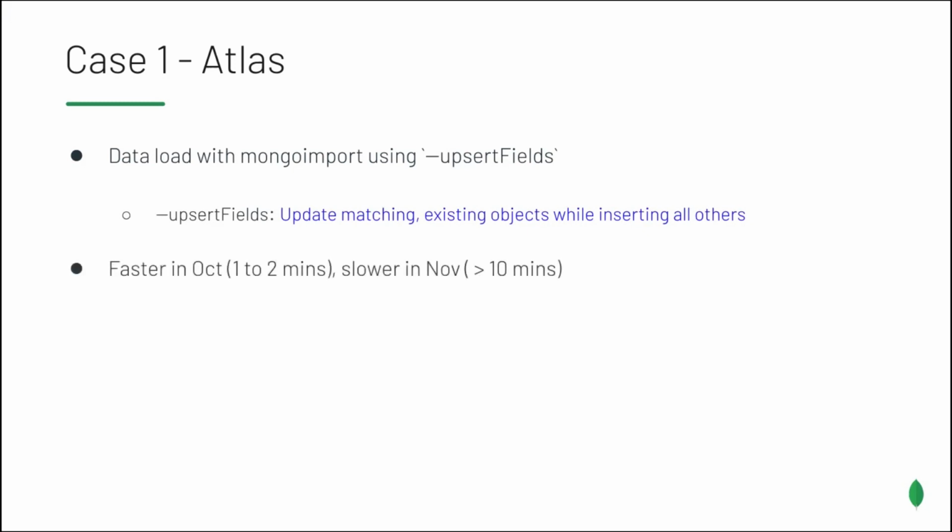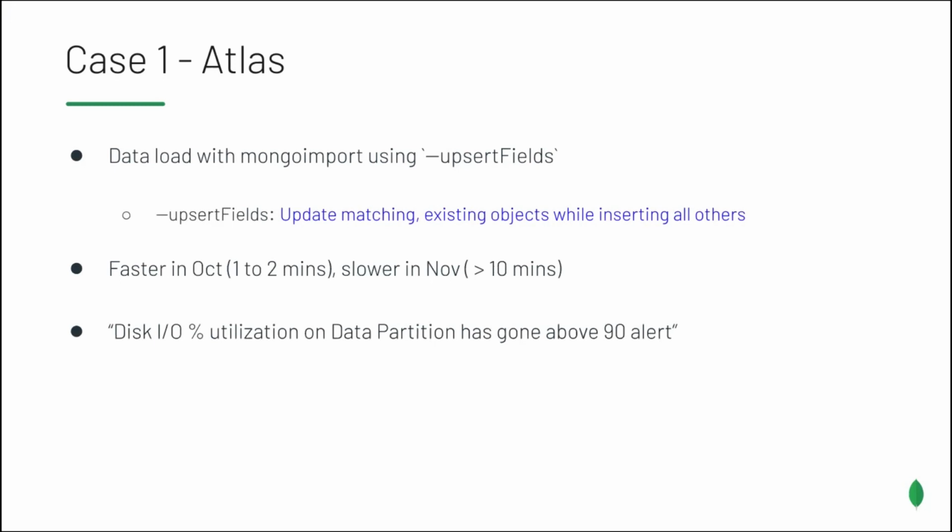The customer reports that the same workload was running a lot faster in October, which took 1 to 2 minutes, than in November, which took 5 to 10 times longer to complete. They are also frequently seeing the alert that disk I/O percentage utilization on the data partition has gone above 90%.